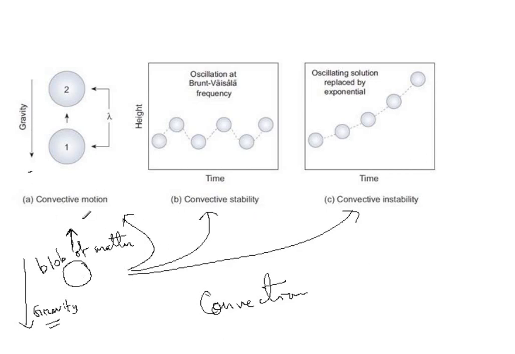Number one is this, or number A. What is this? You see, if the region is convectively stable, then the displaced blob experiences a restoring force. So this is a convective motion, so the blob is moving.